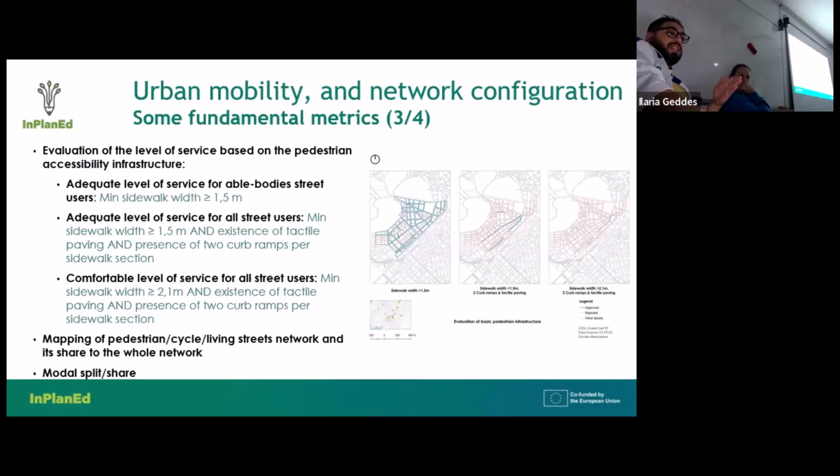And if we really search for the comfortable level of service for all users, with a sidewalk width of more than 2.5 meters, 2.1 meters, the existence of tactile paving and the presence of curb ramps, it is only this very limited part of the network.